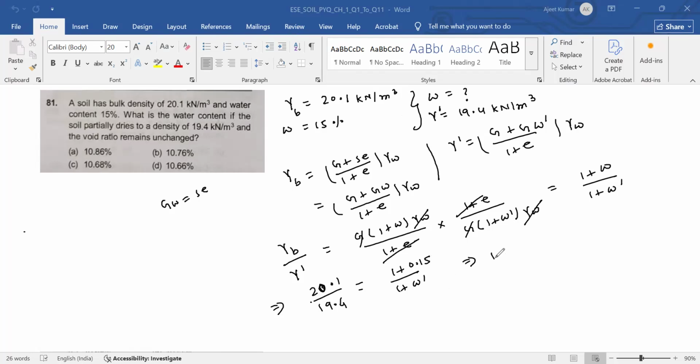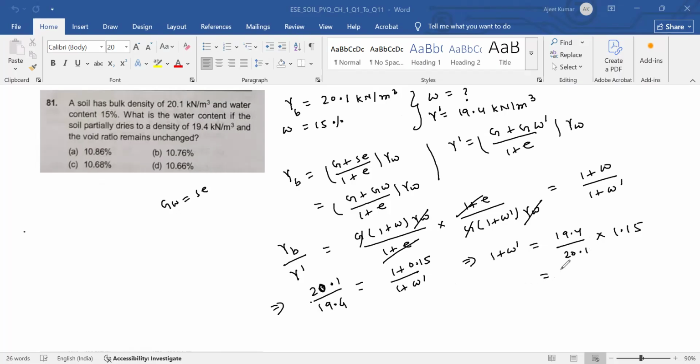So from here, 1 plus W prime is equal to 19.4 divided by 20.1 divided by 1.15.